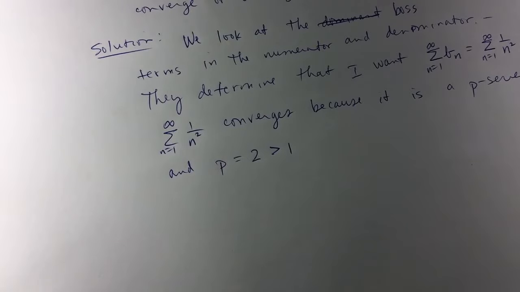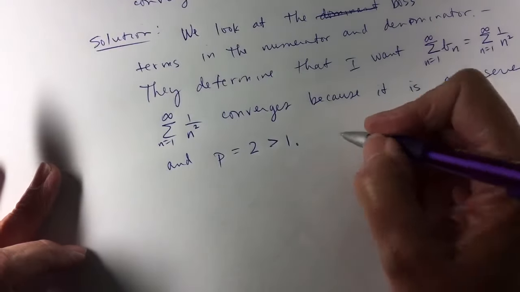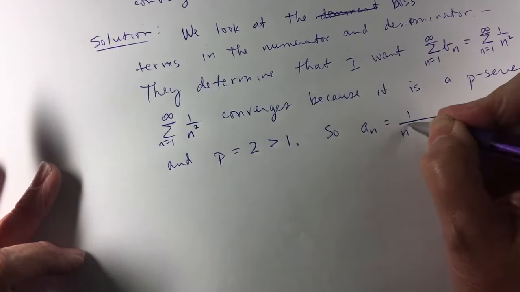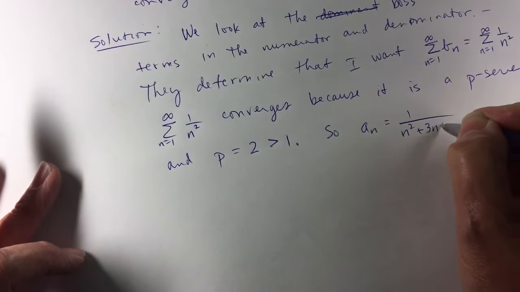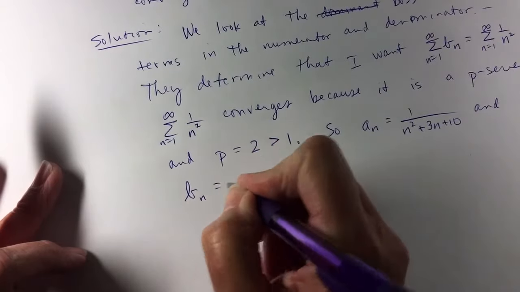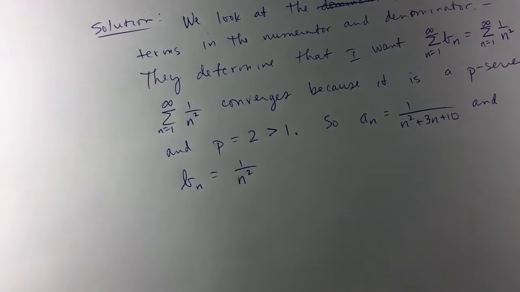And I have this then: A sub n is 1 over n squared plus 3n plus 10. And we have B sub n is 1 over n squared. How do they fit together inequality-wise? Which ones?